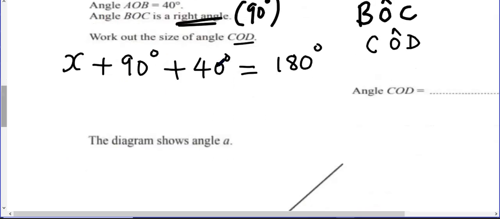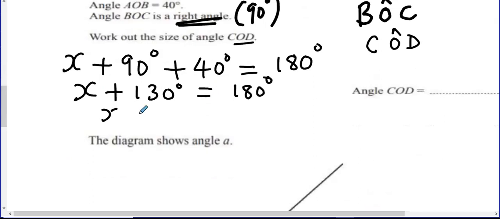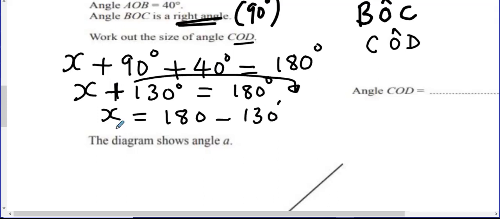Collecting like terms, this will be X plus 130 degrees equals 180 degrees. To find the value of X, do 180 minus 130, as the positive 130 is shifted to this side. So X will be equal to 50 degrees.